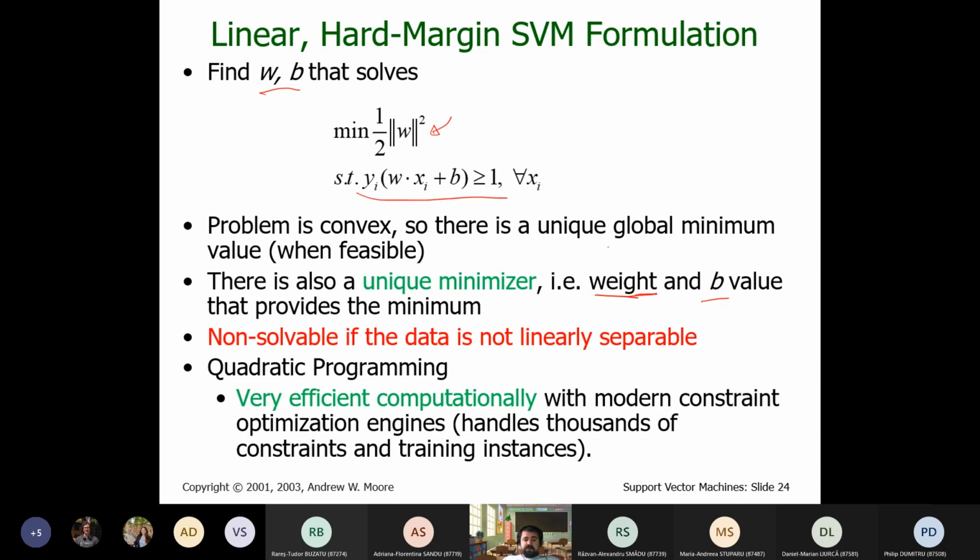It includes modern constraint optimization engines and may handle thousands of constraints and training instances. So again, it's a very efficient algorithm, but you probably don't want to write one of these algorithms on your own. It's easier to use the algorithms that are already implemented.